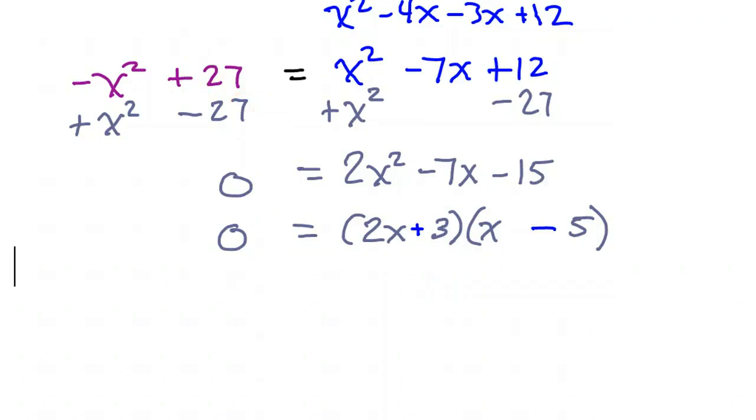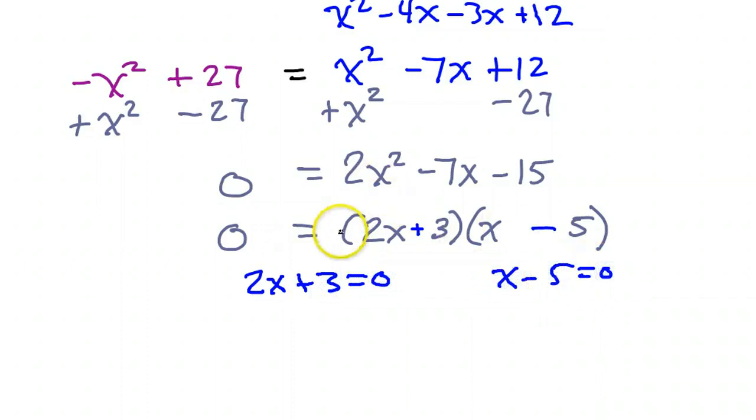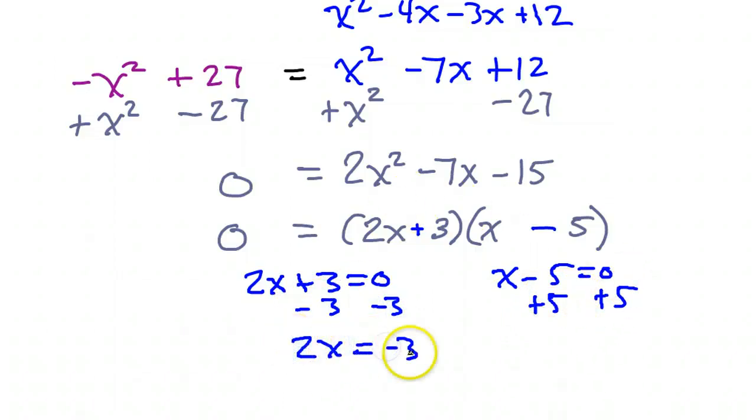So to find the actual solutions, we need to set these factors equal to 0. So I'm talking about 2x plus 3 equals 0 and x minus 5 equals 0. Subtracting 3 from both sides, adding 5 to both sides, is going to give me 2x equals negative 3 and x equals 5.